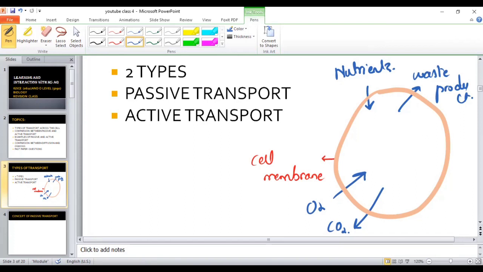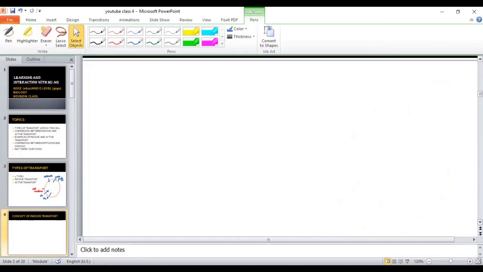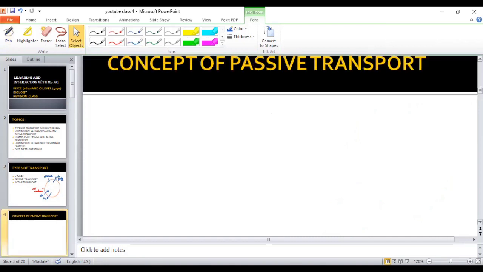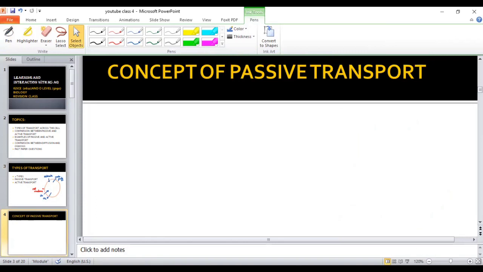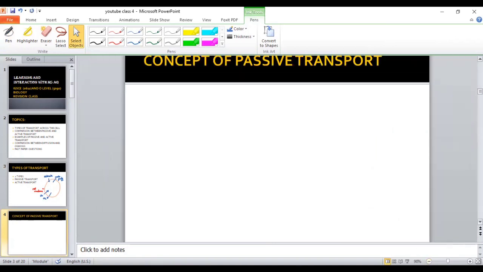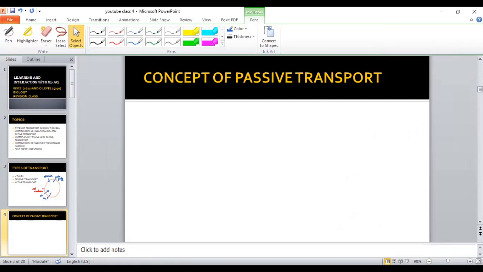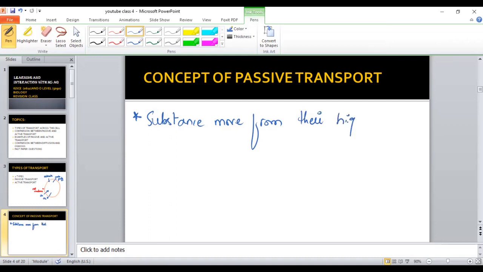So what we are saying is that we have two types of transport, active transport and passive transport. First of all, we are talking about passive transport. What is passive transport? Passive transport is the type of transport in which substances move from their high concentration to low concentration.